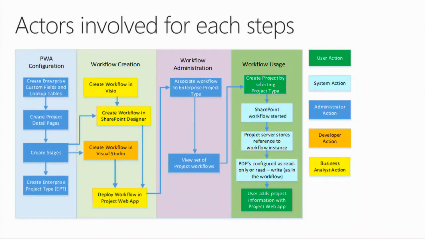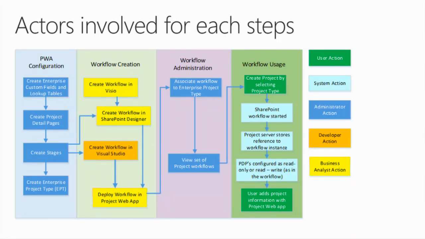Then once these objects are created, we need to associate the workflow to the enterprise project type. So this is going to be done again by the PWA administrator. And then when the workflow is going to be used, this is really going to be the work of the business user of the solution. He's going to create a project using a specific enterprise type.